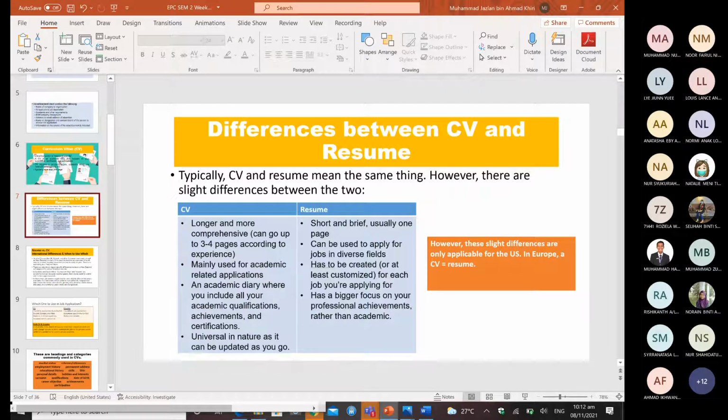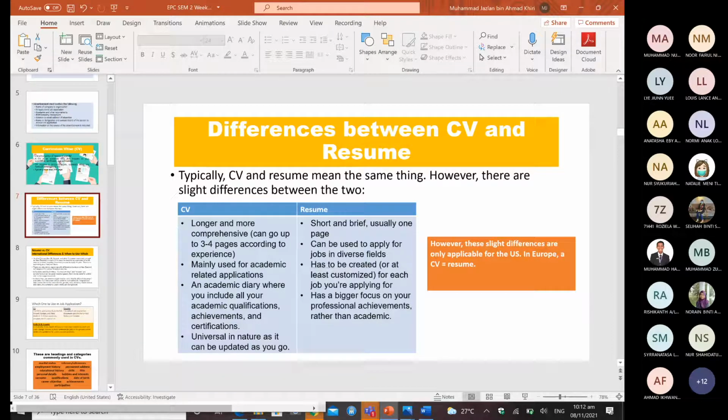The CV can be universal in nature, as it can be updated as you move up your career. Therefore, a CV is not only merely used to get a job, to get a scholarship, or to further your studies. It can also be used for your promotion, okay, kenaikan pangkat.